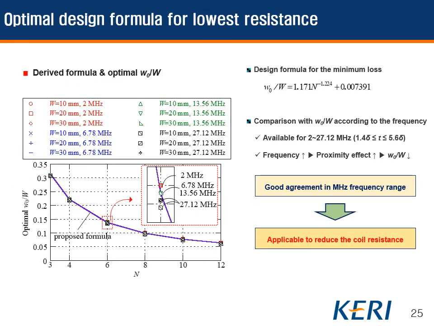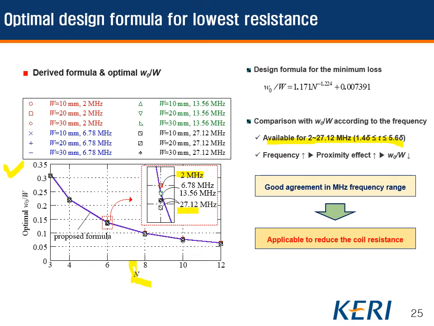We also derive an optimal design formula for lowest resistance. This graph shows the optimal small w0 of large W according to n. For lowest resistance, the optimal relation is applicable for frequencies between 2 MHz and 27 MHz, and metal thickness between 1.4 skin depths and 5 skin depths.